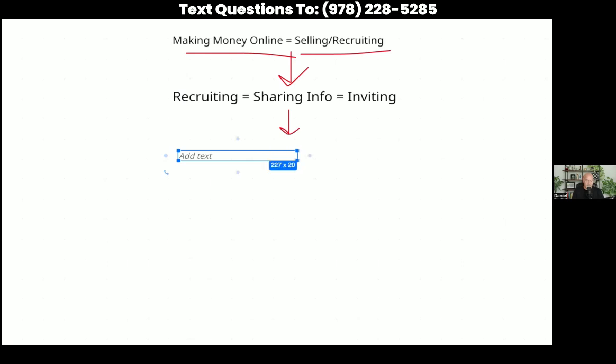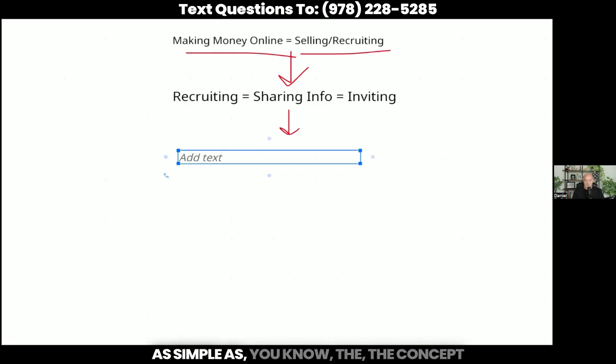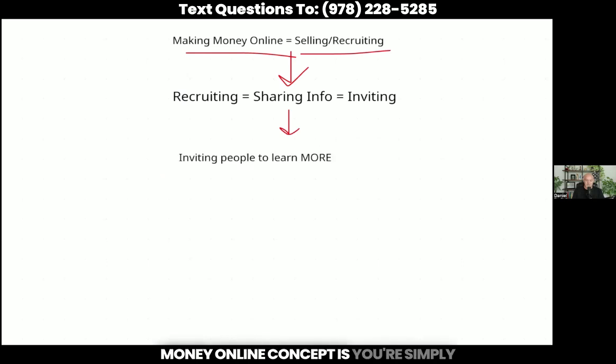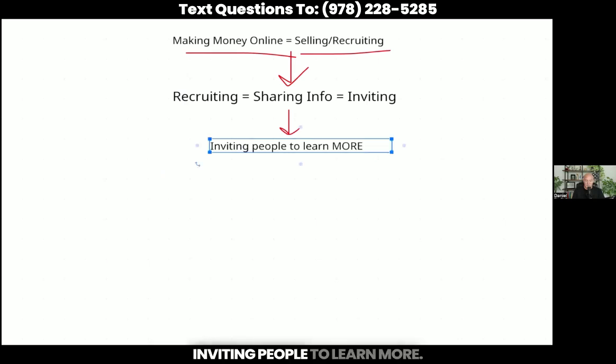That's it. That's as simple as the concept actually is. The making money online concept is you're simply inviting people to learn more.